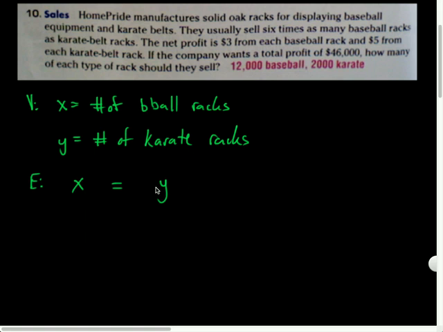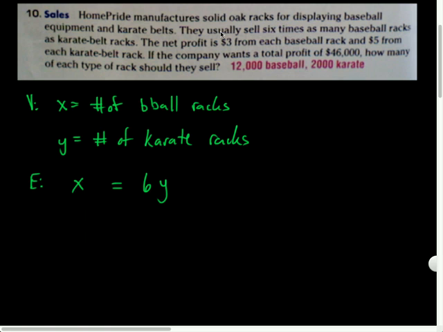So is y equal to 6x or is x equal to 6y? Because the number of baseball is equal to 6 times the number of karate. Okay, so it's usually good to say that out loud in your head at least a couple times just to make sure it logically matches what we were going for.